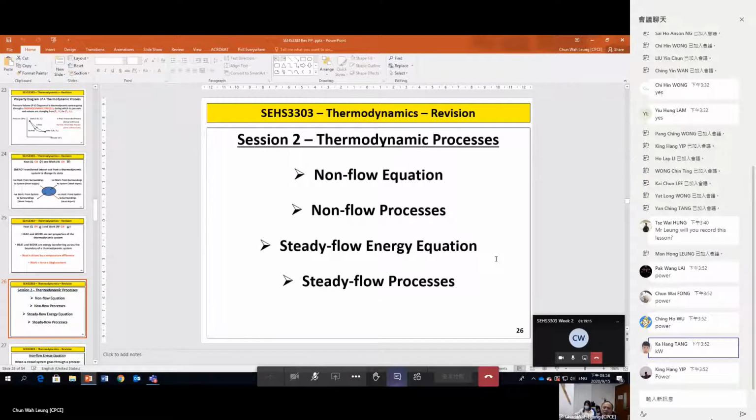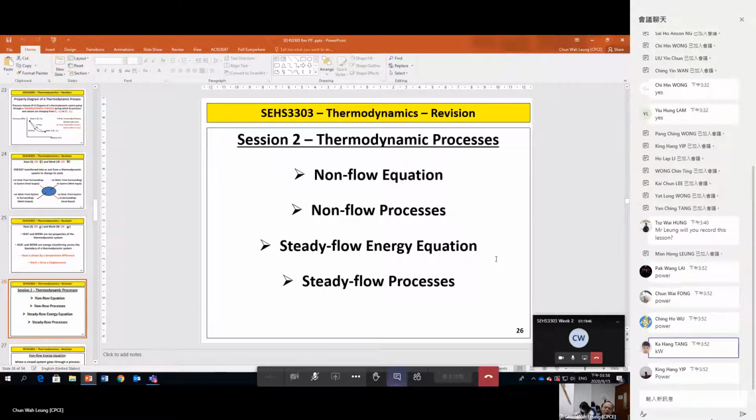Then in order to describe what happened inside the process undergoing in the non-flow system, we call this process a non-flow process. The process undergoing inside a non-flow system that we call a non-flow process.